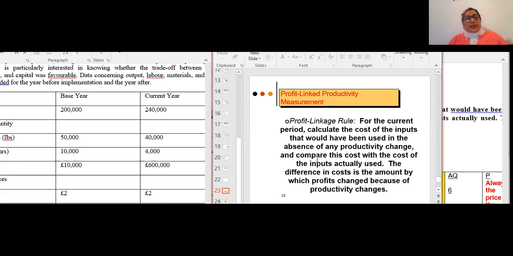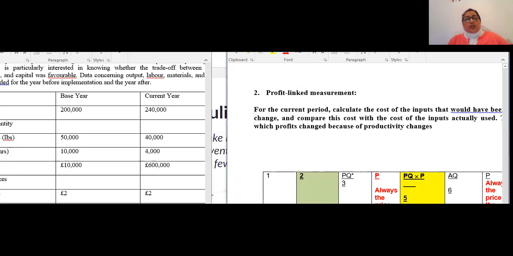For the current period, calculate the cost of the input that would have been used in the absence of any productivity change, and compare this cost with the cost of the input actually used. The difference between both of them in cost is the amount by which profit changed because of the productivity change. I bet you know this is so complicated, but let's explain this in too much detail.